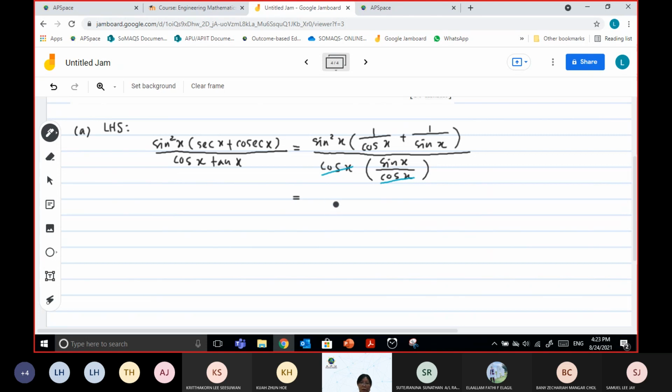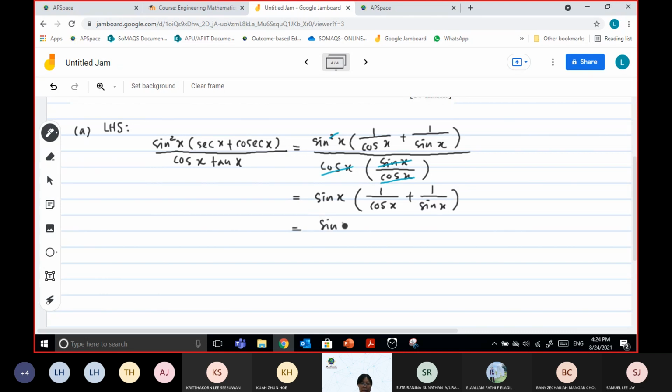For the top, you can still cancel the sine. So that means we have sine x times 1 over cos x plus 1 over sine x.